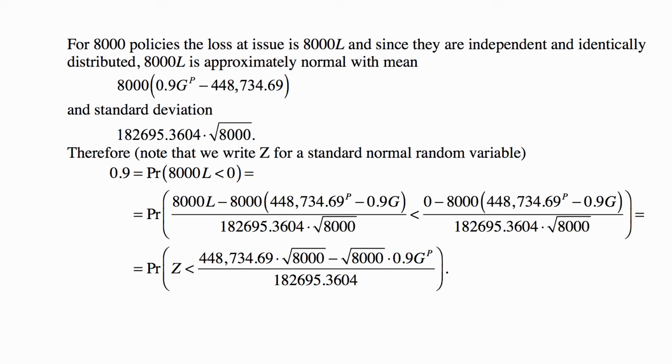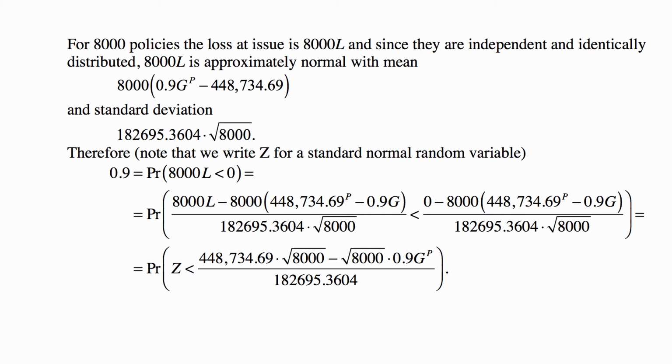Initially, we just had 8,000 L less than 0. We do the same thing to 8,000 L on the left-hand side and to 0 on the right-hand side. So 0 minus 8,000 times the expected value, divided by standard deviation. And this becomes the probability that Z is less than this entire expression with 0.9 GP in it.